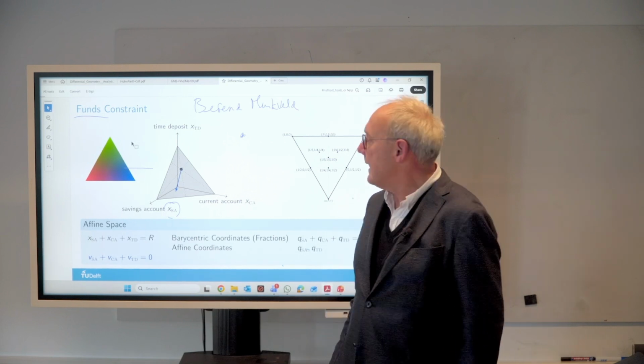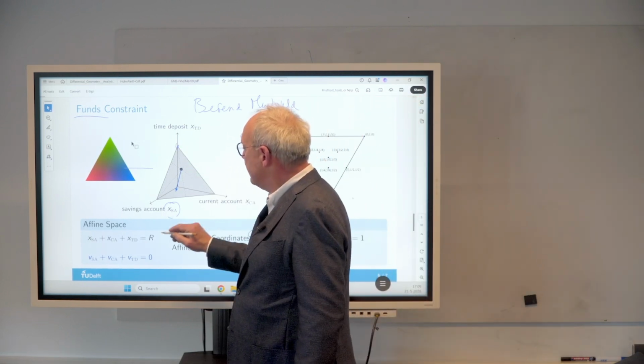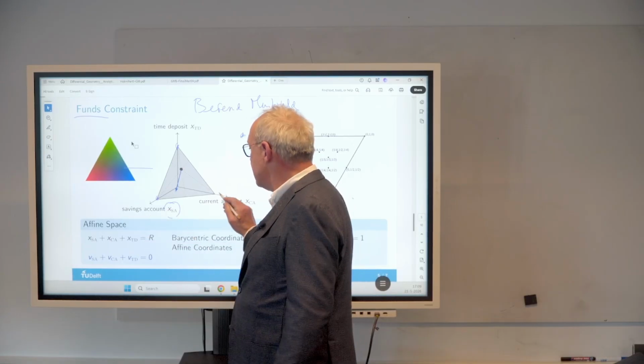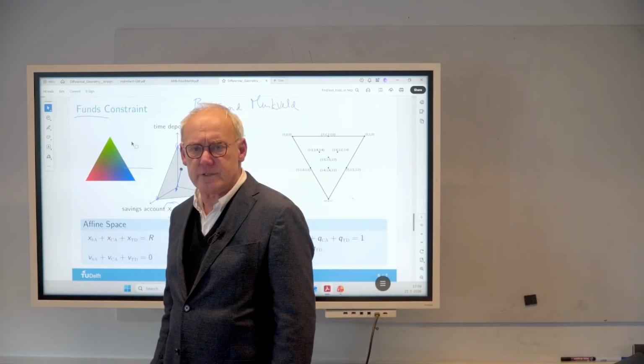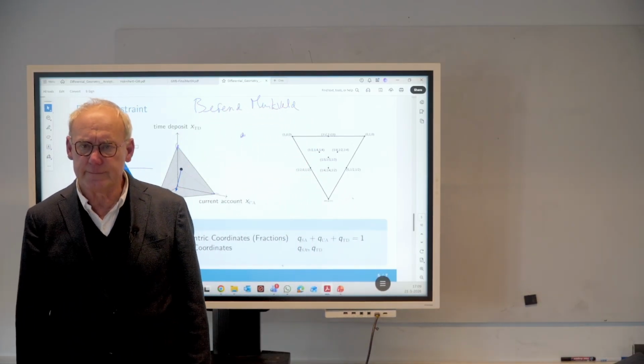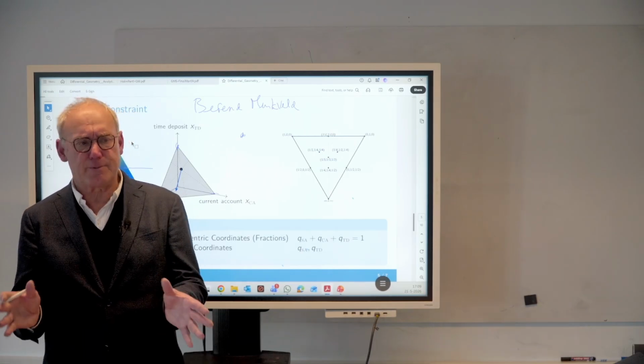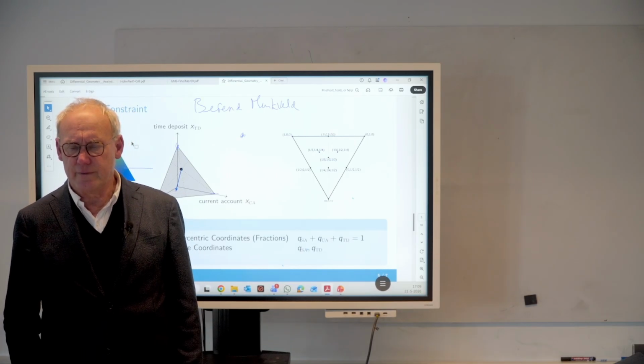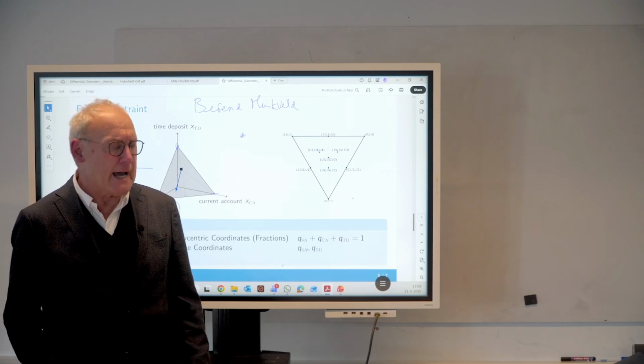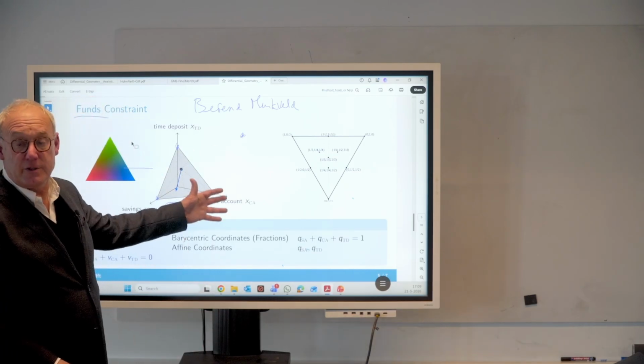Let's quickly realize. Here he has everything in his current account, here everything in his savings, here this, and here are all these combinations. That's your manifold. This is just the abstract description of this manifold, as a submanifold of some other space.